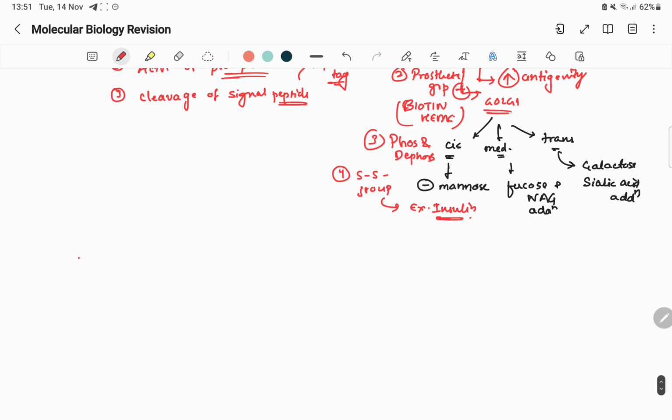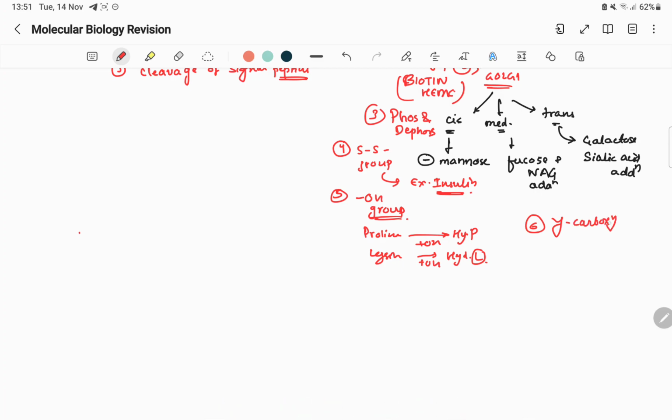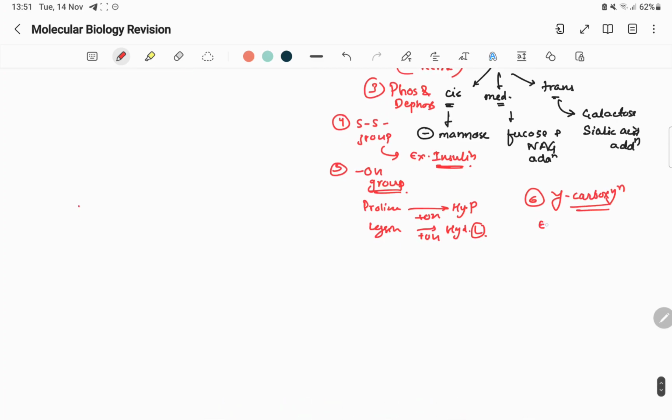Another example is OH group addition, which is called hydroxylation. In proline, an OH group is added, so you form hydroxyproline, and in lysine you form hydroxylysine. Then sixth, gamma carboxylation, in the formation of vitamin K dependent factors and osteocalcin.